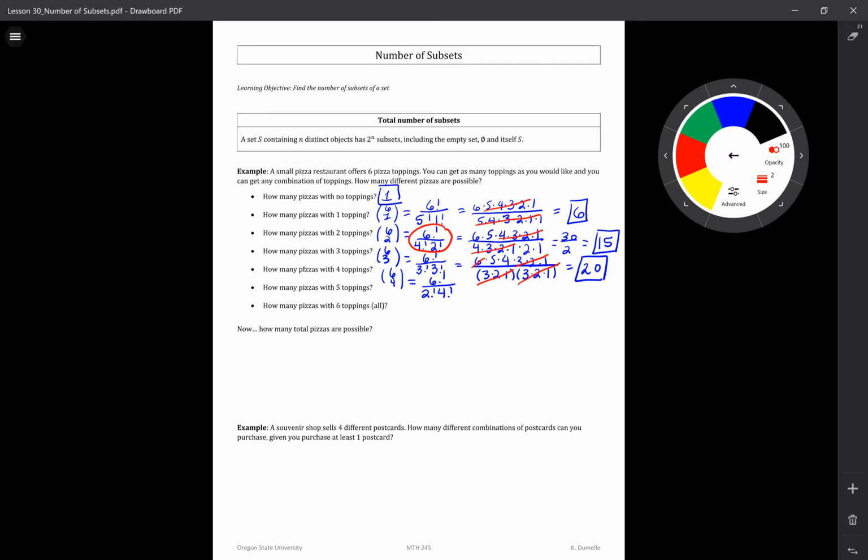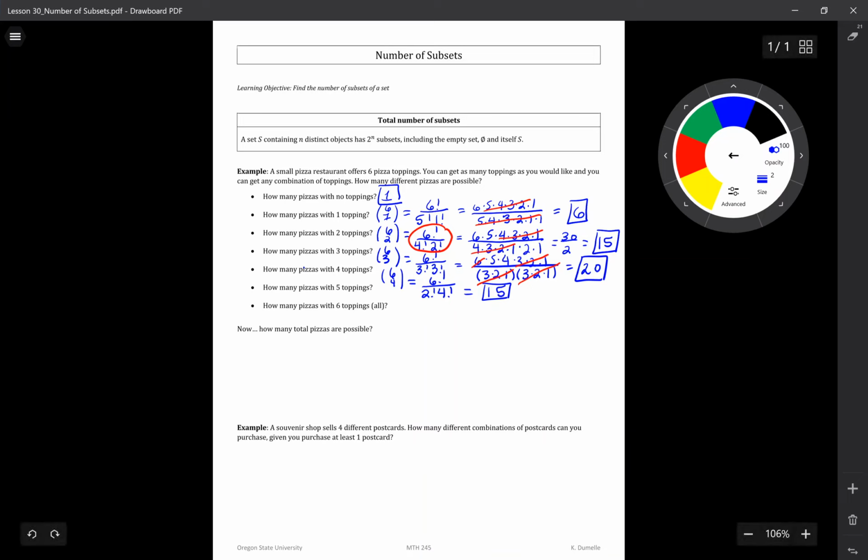So I already know this number. It's equal to 15. The reason that this is true is because choosing 2 toppings to go on your pizza is the same as choosing 2 toppings to not go on your pizza, or choosing 4 toppings. That's why choosing 2 toppings and choosing 4 toppings give us the same number of pizzas.